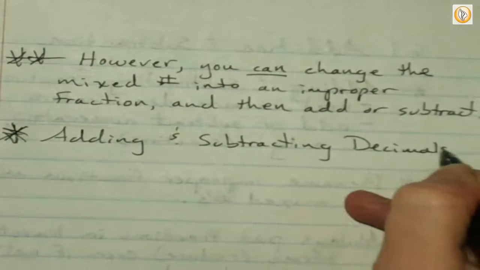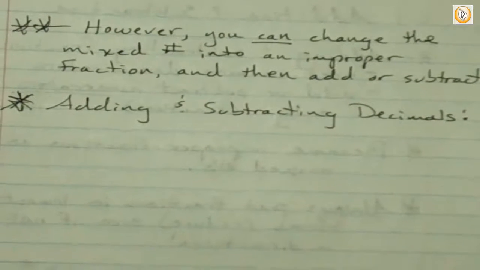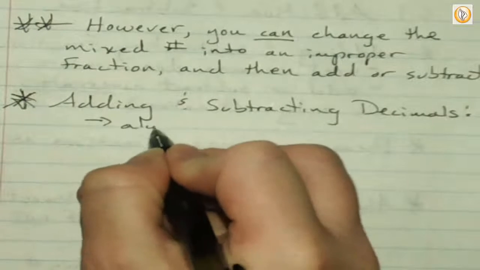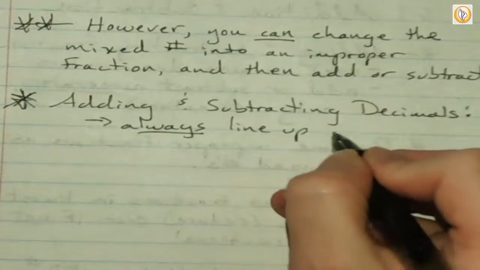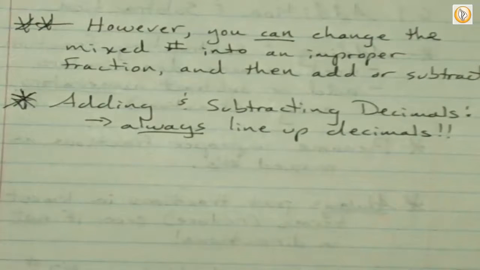All those notes were for adding and subtracting fractions, mixed numbers, improper fractions, etc. For decimals, the only rule: always line up decimals. That's really the only rule. Lining up the decimals. That's it. Fractions have so many other rules. It's annoying.